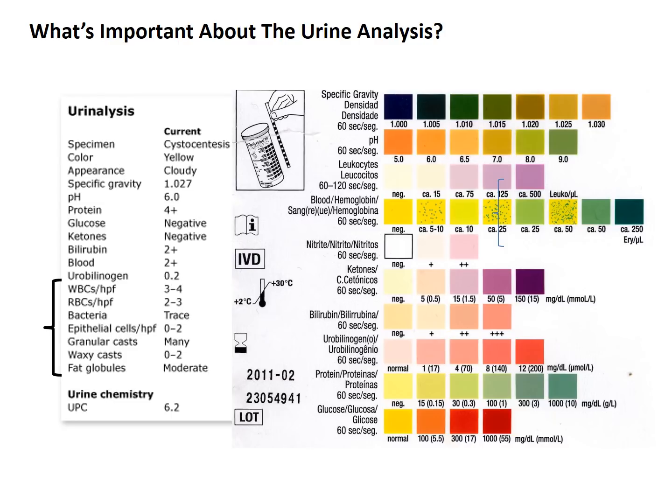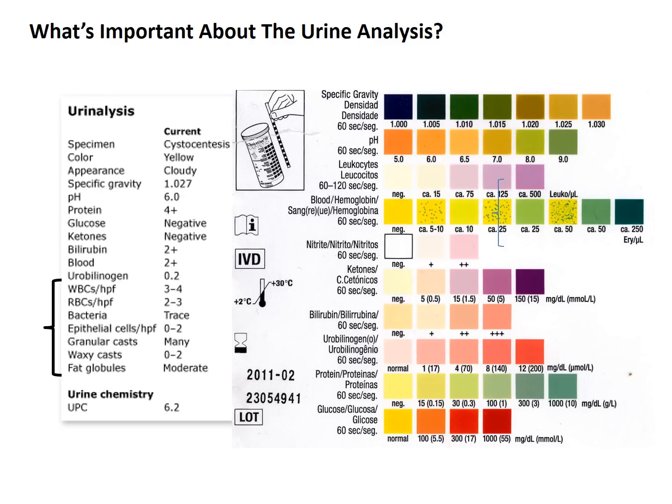As we go from top down, we can look at specific gravity, how concentrated the urine is, the pH, whether it's acidic or alkaline, whether or not there are white blood cells through the leukocyte test, and whether or not there is blood through the hemoglobin test. We can look for the presence of bacterial nitrates; some bacteria make nitrates. We can look for the presence of ketones, bilirubin, proteins, and sugar.